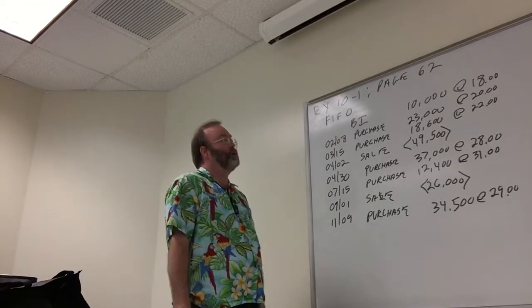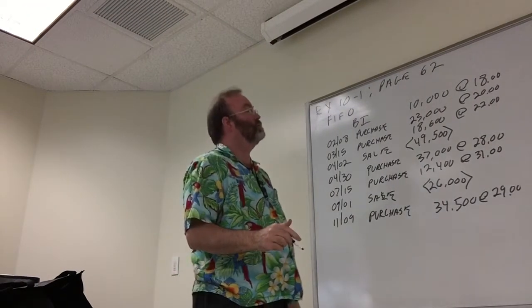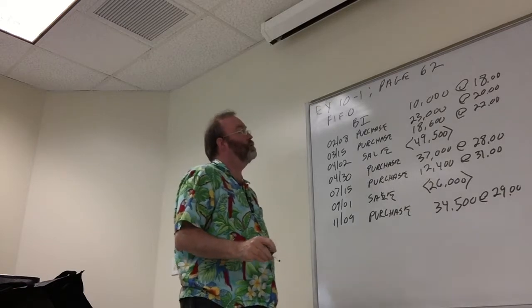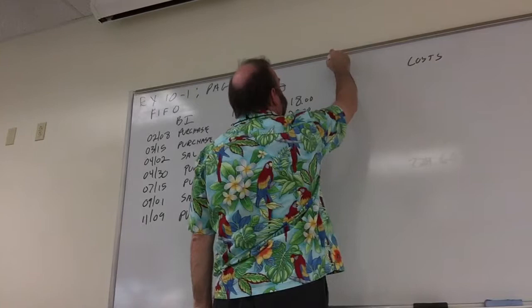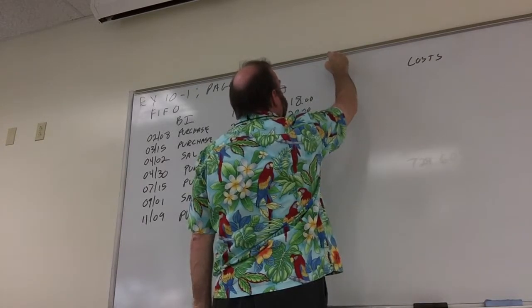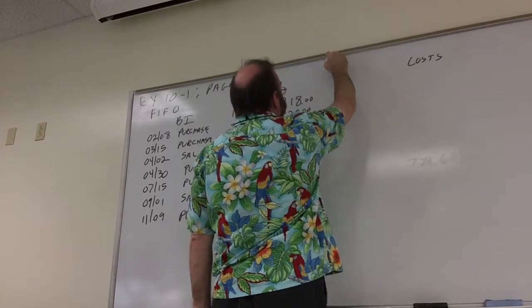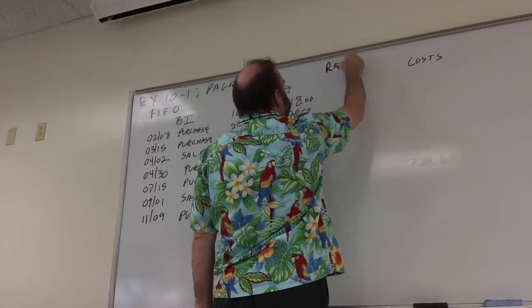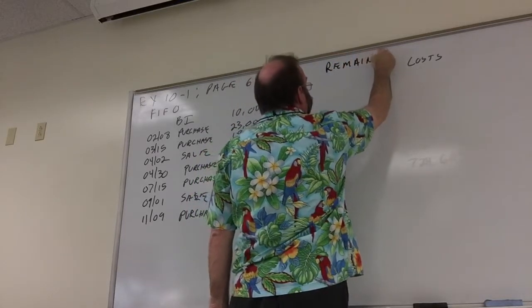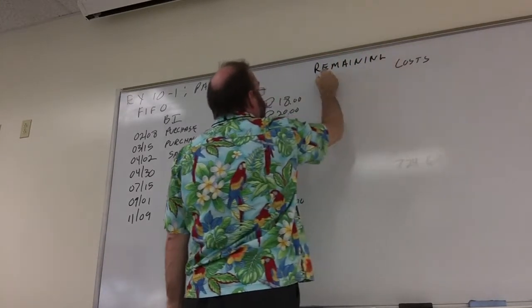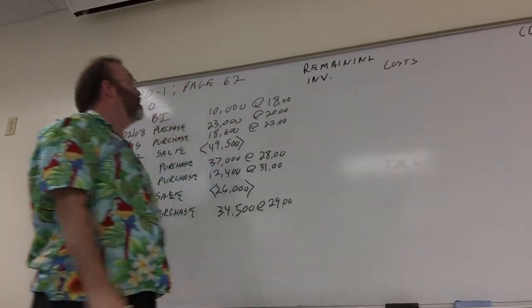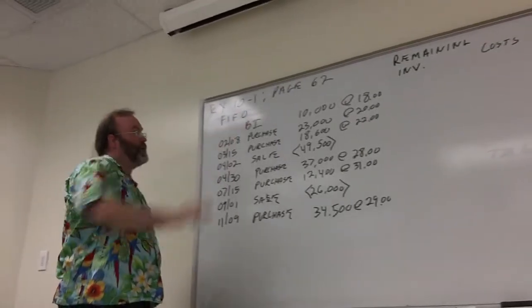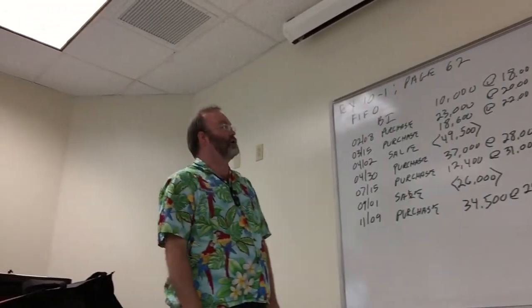Okay? So let's do it this way. So we start with the beginning inventory of 10,000 units that cost us $18.